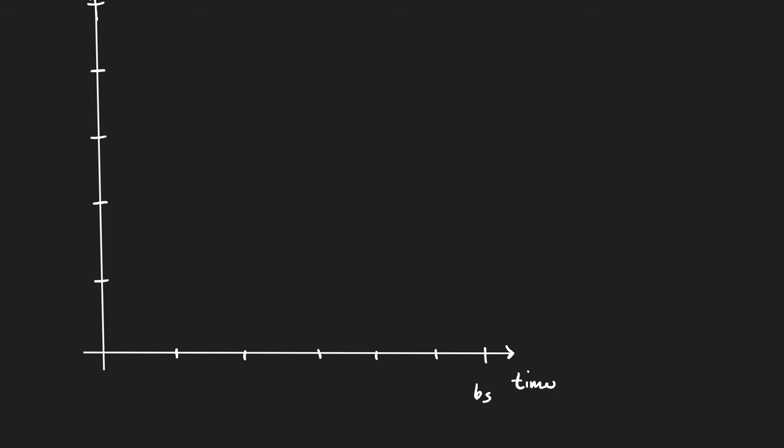So at 5 seconds, it's at 125. Is that okay? At 0 seconds, it's at the origin. And at 6 seconds, it's at 120, so that's not very much of a difference. 3 points.